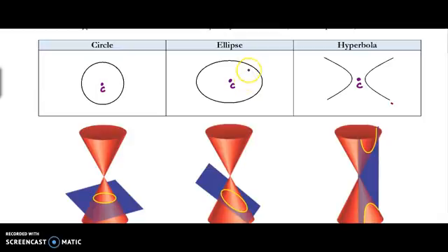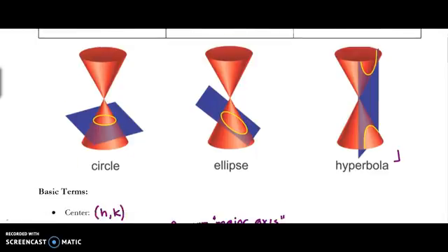If we look at our ellipse, our major axis is the longest side of that shape. The smaller one is not the major. The longest line you could draw is your major axis. Your vertices are the two endpoints. So I'm going to say this is vertex 1 and this is vertex 2. That's what it is on an ellipse.